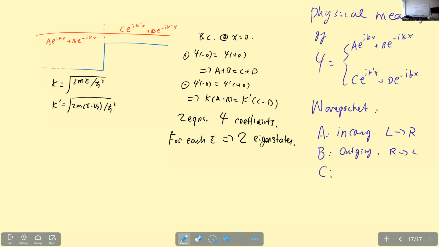And the C is something that's also moving to the right, so it's actually outgoing from left to the right because it only shows in the right. And the D is something incoming from right to the left.